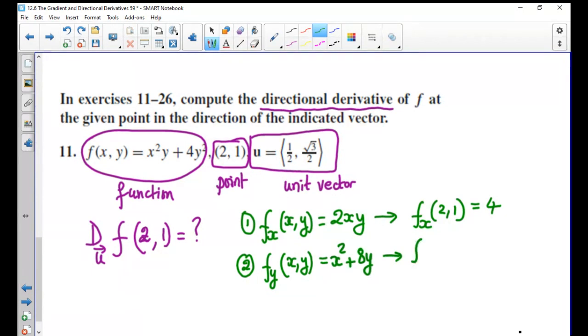And then we need, of course, that at the point 2, 1. So substitute. And it's what, 12? Is it 12? Yeah, 12, yes. Okay, good. Now, okay, so let me just do this.